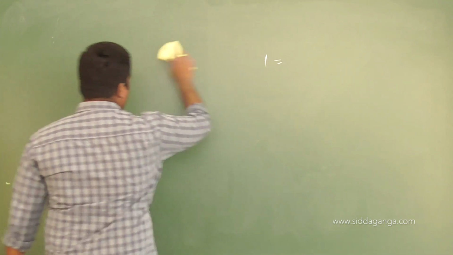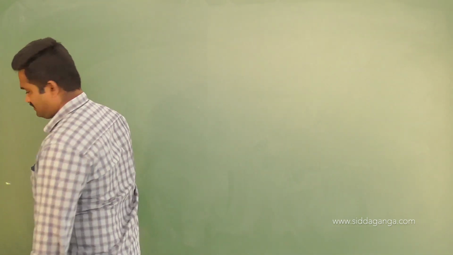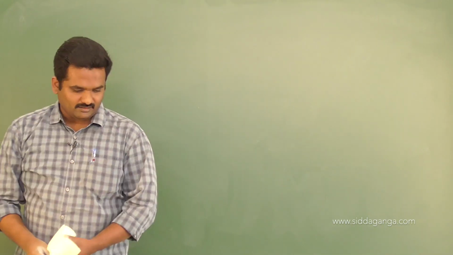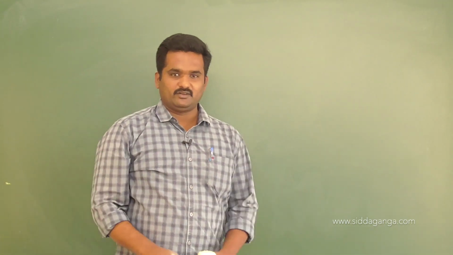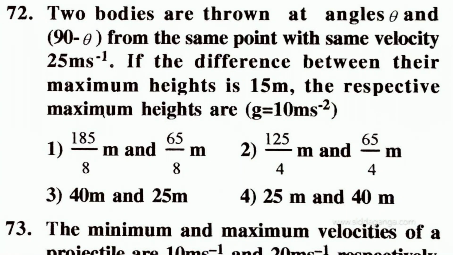Go for problem number 72. Next. Okay, take problem number 72 now. Two bodies are thrown at an angle theta and 90 minus theta from the same point with same velocity. If the difference between their maximum heights is 15 meters, the respective maximum heights are how much they are asking.